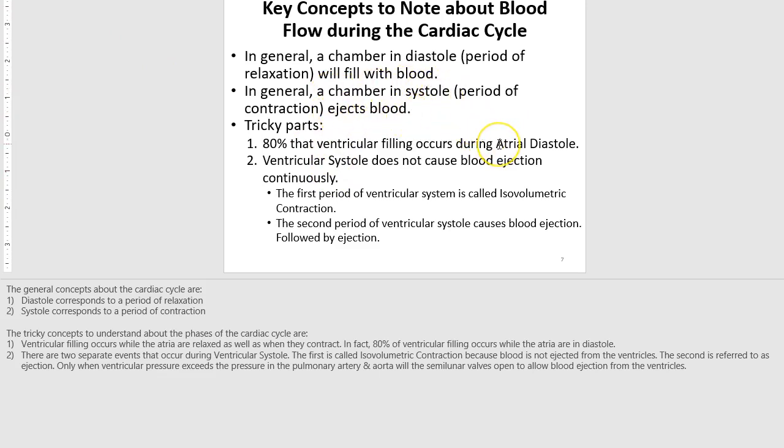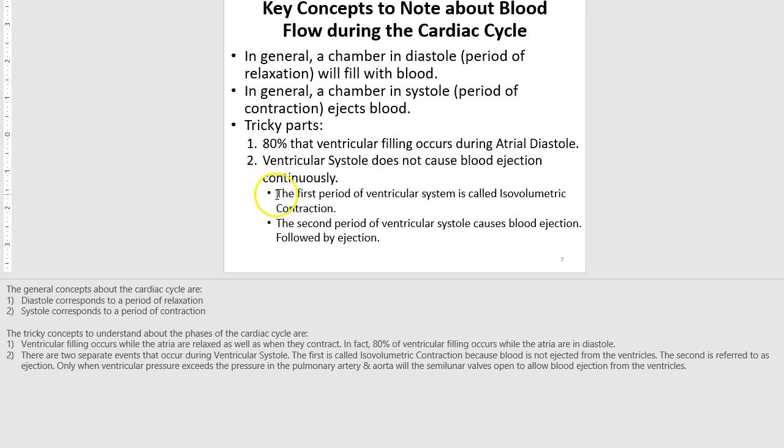Well, here's an example of a chamber in diastole where blood is being ejected, but it's more like being dripped versus being pushed. 80% of the blood that enters the ventricle actually does so during atrial diastole. Only the last 20% is pushed into the ventricle during atrial systole. So that's tricky part number one.